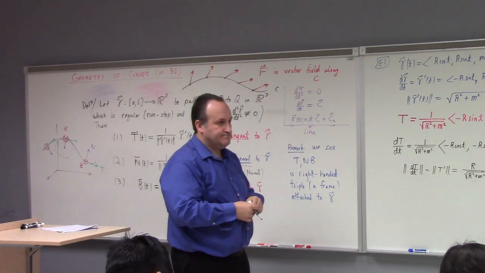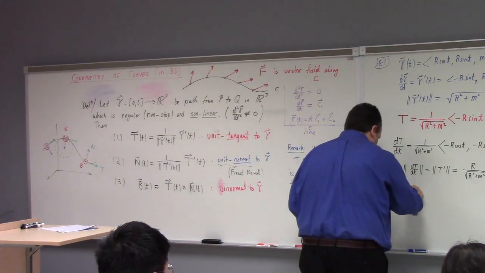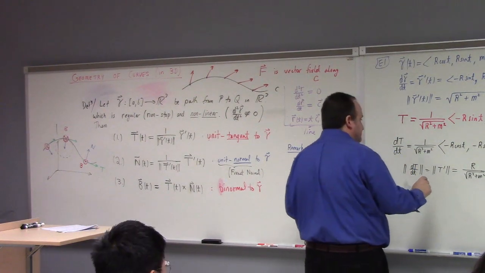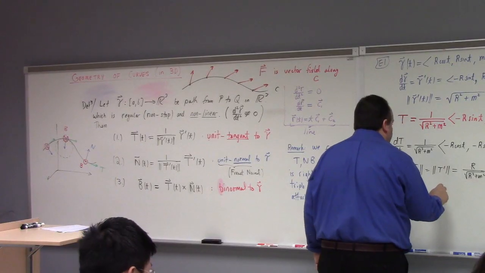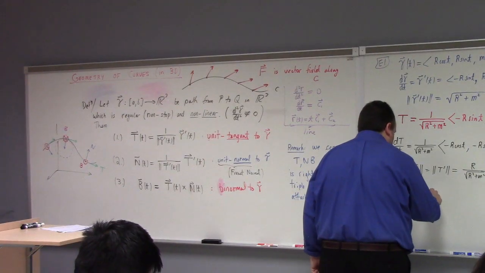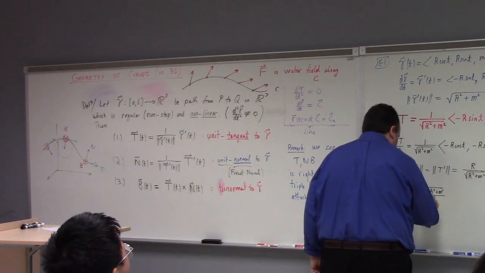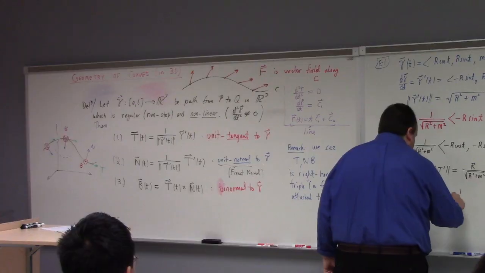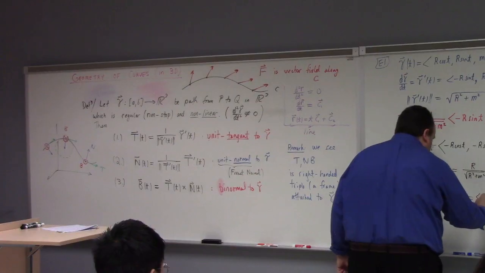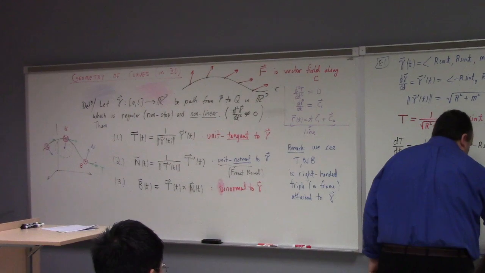All right. So what is the normal vector then? Well, the normal vector is apparently, let's see here, the square root of r squared plus m squared divided by r, times 1 over the square root of r squared plus m squared, times minus r cos t, minus r sine t, 0.